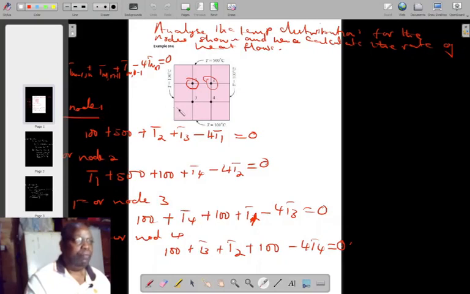So we'll have 150 minus 100. And these are at 250 degrees, so we'll have 250 minus 100, this one with that one with that. So that will be 2 times.